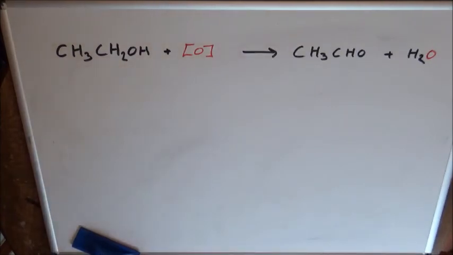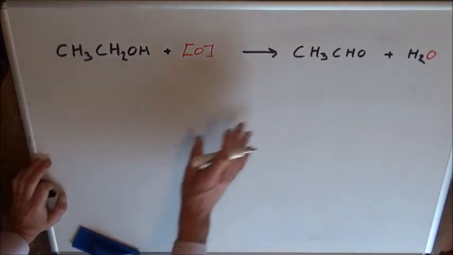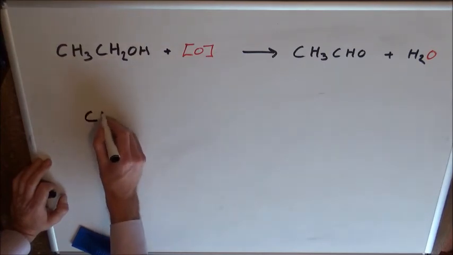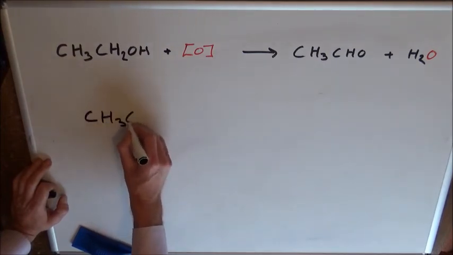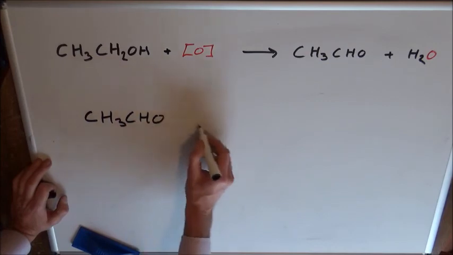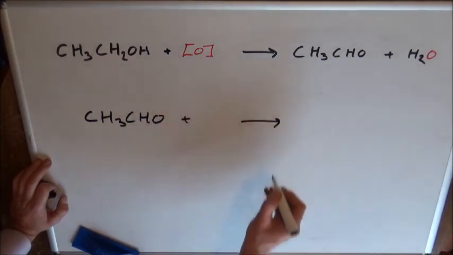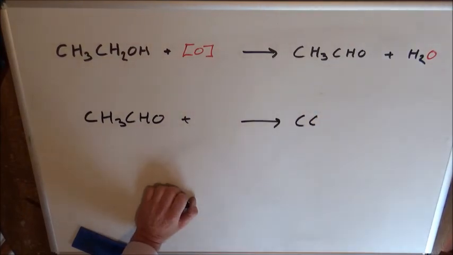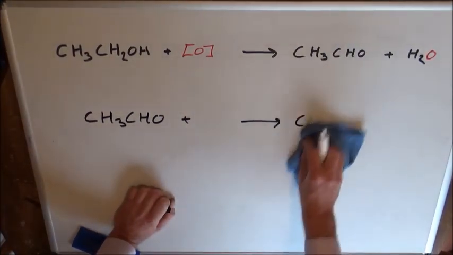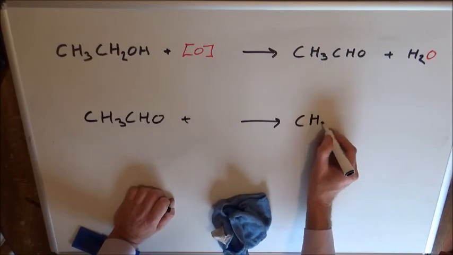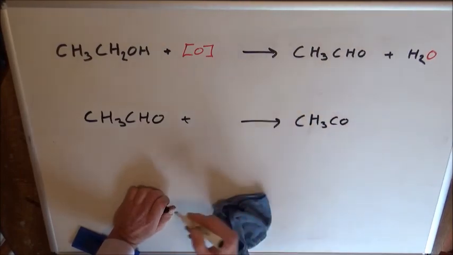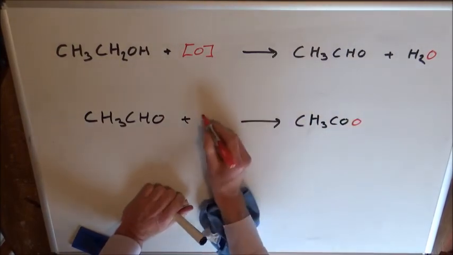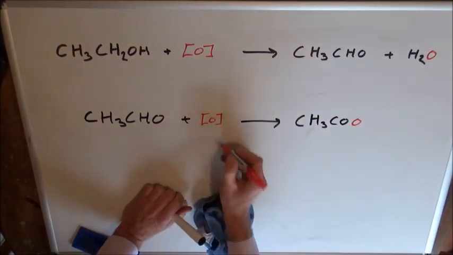And I've shown you that in the full structural formula, but let me just show you how you'd write a simple balanced equation for that. So it would be CH3CHO, and it would give the carboxylic acid, ethanoic acid, CH3CO2H, and I'll put one of the oxygens in red because it's coming from the oxidant, just to remind you.